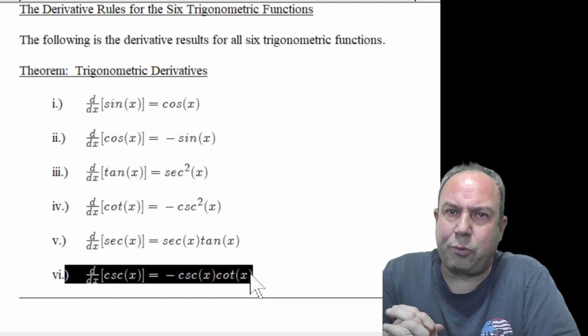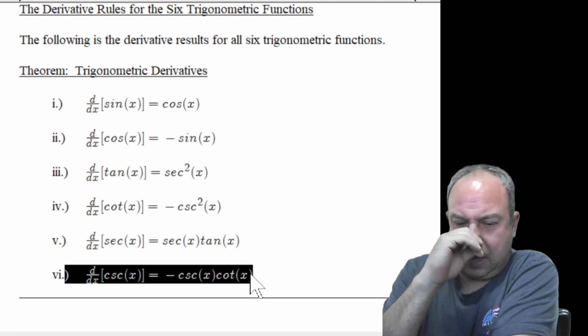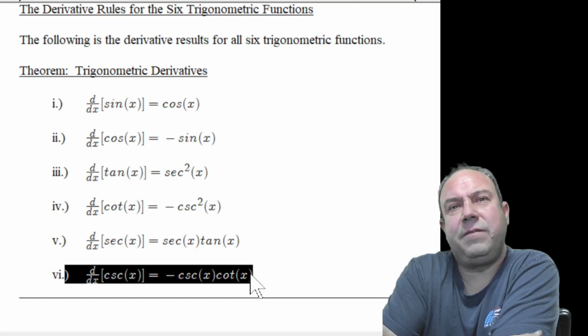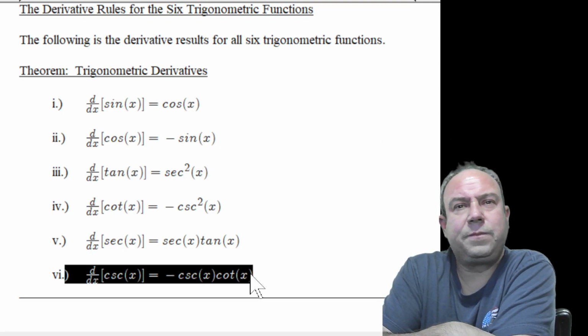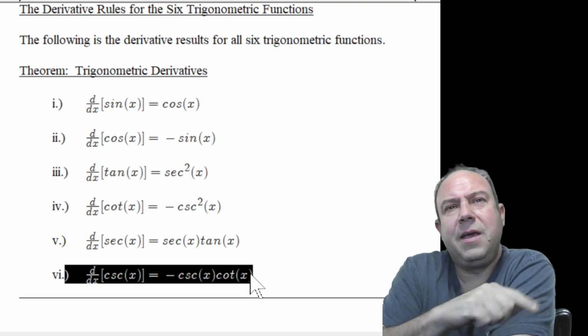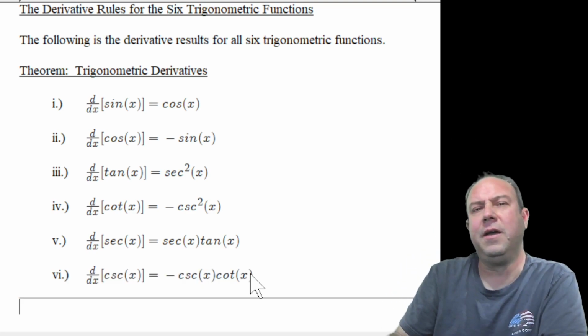And how we prove these is we move outside of our definition of the derivative, and we rely on a proof, right, that now just makes use of the quotient rule. Right?